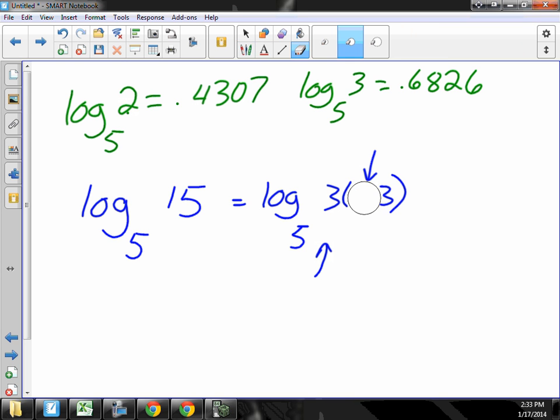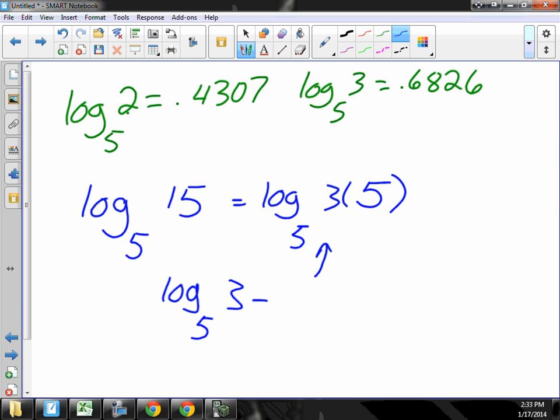Okay, that doesn't work. But you have stumbled on something. If I change that to a 5, can I split that? Yes, log base 5 of 3 plus log base 5 of 5. Do I know what log base 5 of 5 is? It's 1, right?